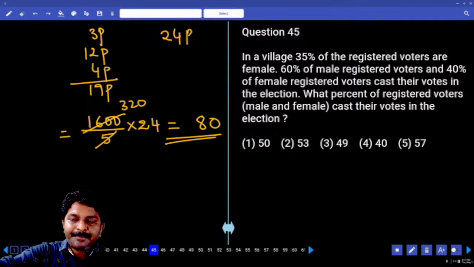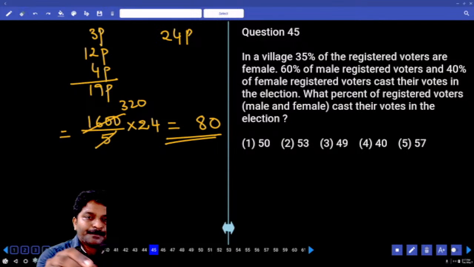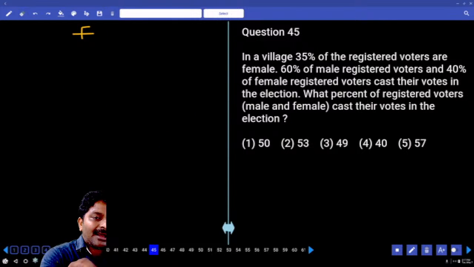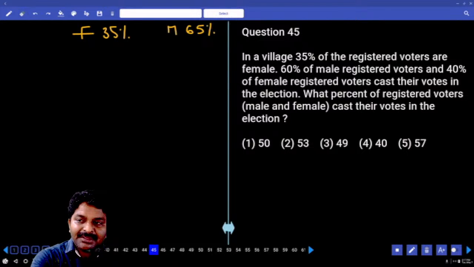In a village, 35% of the registered voters are female. So females are 35%, then males are 65%. 60% of the male registered voters and 40% of the female registered voters cast their vote in the election. 60% of the male: 10% is 6.5, double is 13, triple is 39.